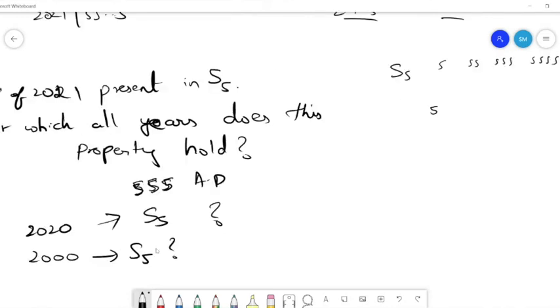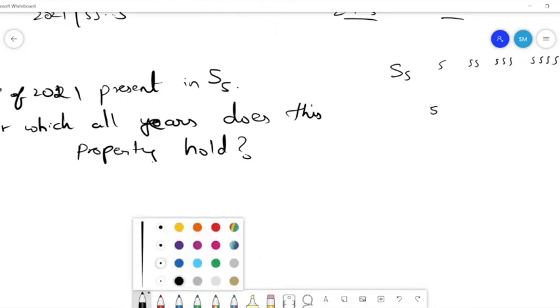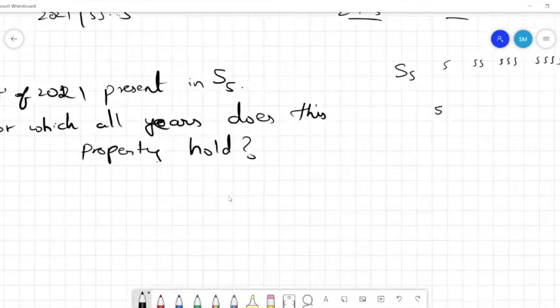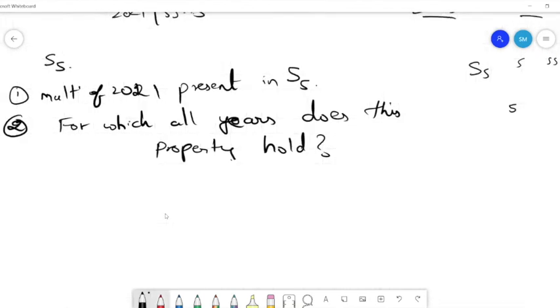So again, for which years does this property hold? For all the years which do not have 2 or 5 as factors, this property holds. That is one clear observation that we have made from the proof. So the proof is just using one simple observation and the Pigeonhole principle, and we are able to make an even stronger statement, not just for 2021, but for any year.